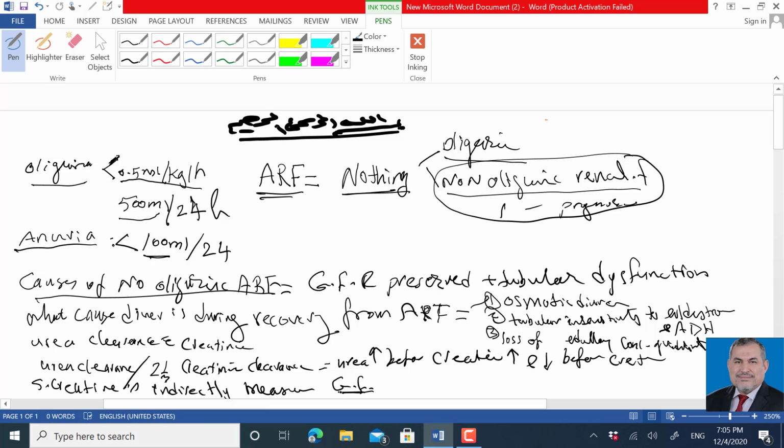How quickly does serum creatinine rise following onset of acute renal failure? Approximately serum creatinine increases 1 milligram per deciliter per day. It depends on the rate of production.